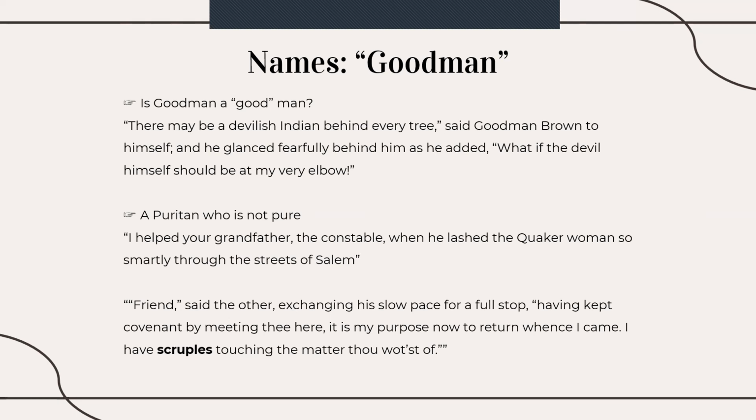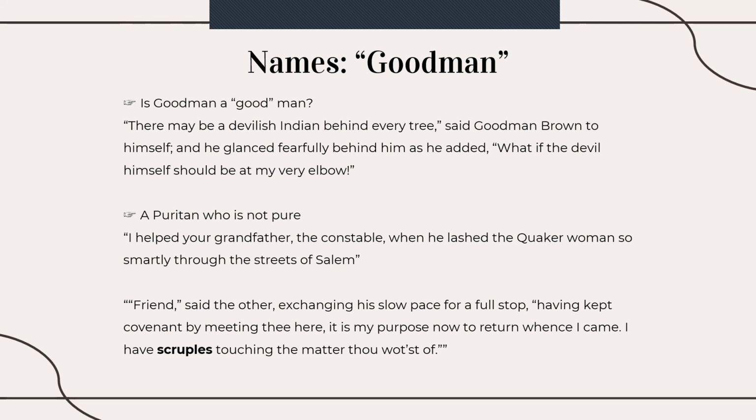Brown was proud of his honest Puritan family blood before this, but the devil points out that no, maybe not. Maybe your family has a very dark history. So he points out that Puritanism might not be as pure as Brown thinks.